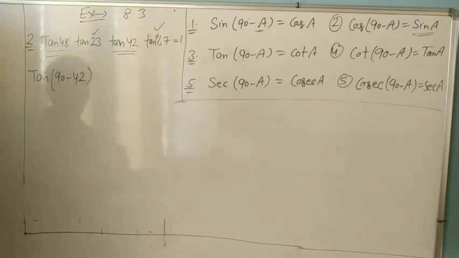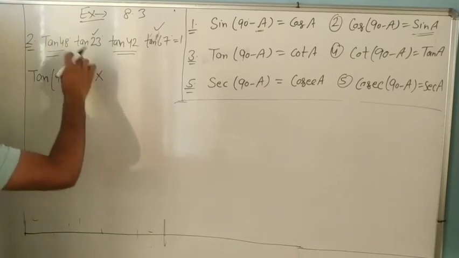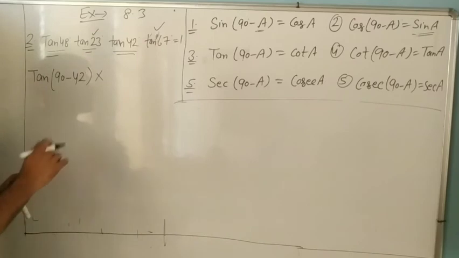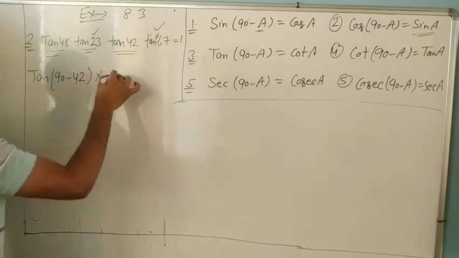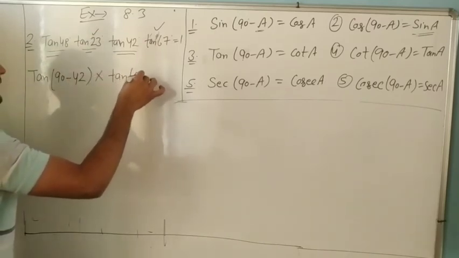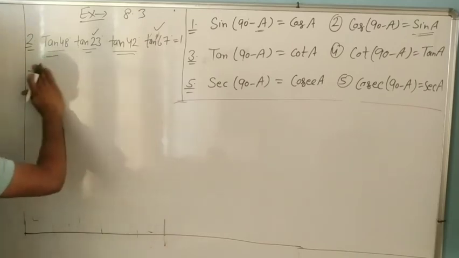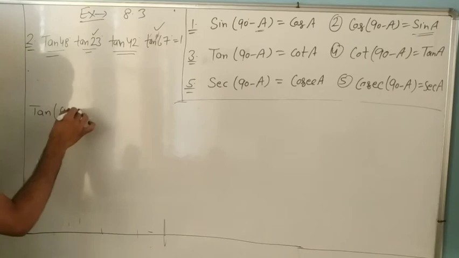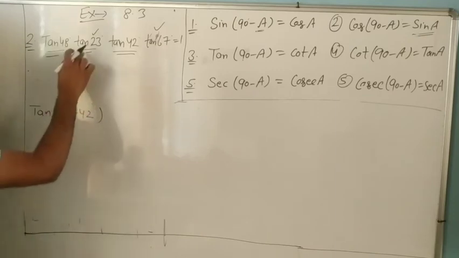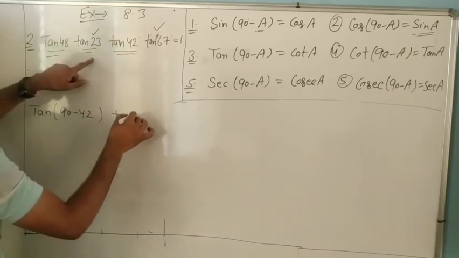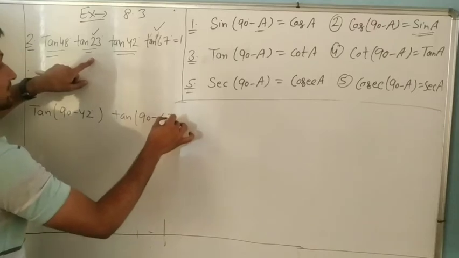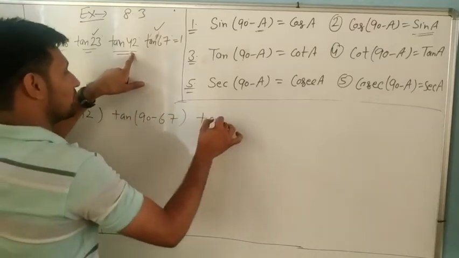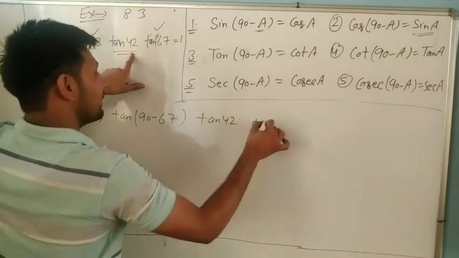Okay, dear. Now we will change the second. Either you will change this one or 67. We are changing this one: 90 minus 42. Now it is 90 minus 67. It is same as it is. No need to change this one. Why?